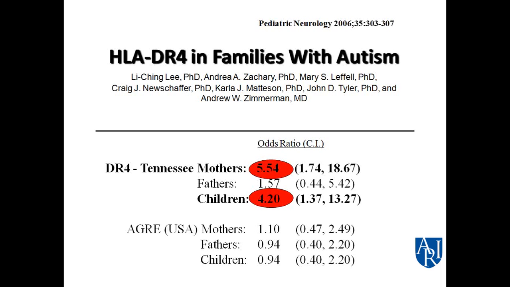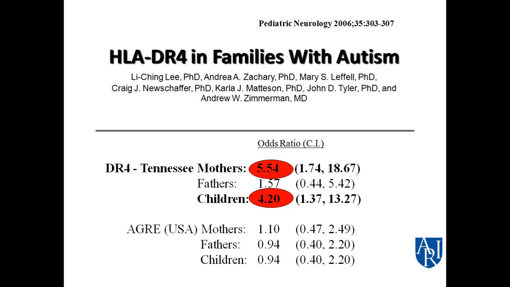HLA are the immune system determinants that are coded for, and certain HLA types are increased in autoimmune disorders, and we found also in autism. This was also reported subsequently by other groups.